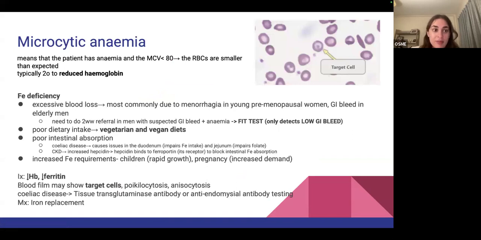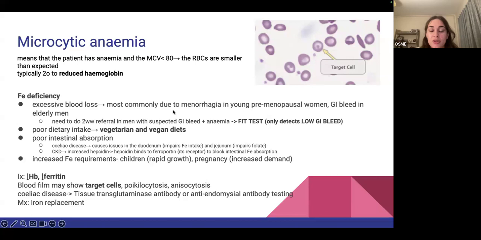So, microcytic anemias. This is where, as I mentioned earlier, the MCV is less than 80 and the red blood cells are smaller than expected, because there's reduced hemoglobin. The most common cause of a microcytic anemia, and the one that you should be thinking about before any other cause, is iron deficiency. And the causes can be due to excessive blood loss.